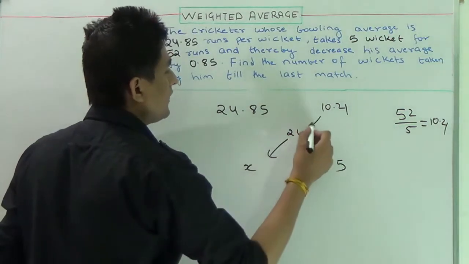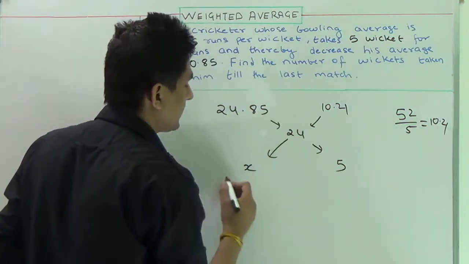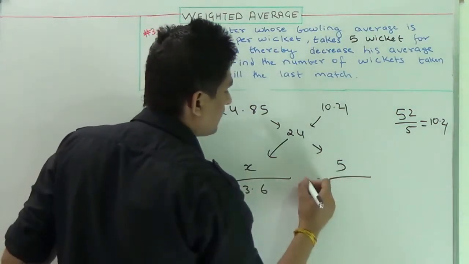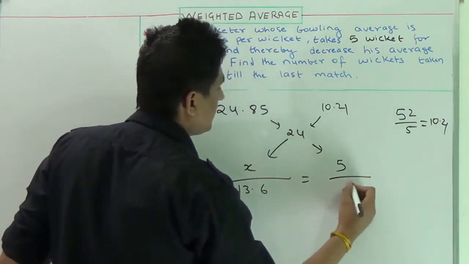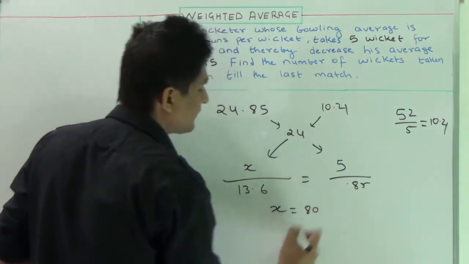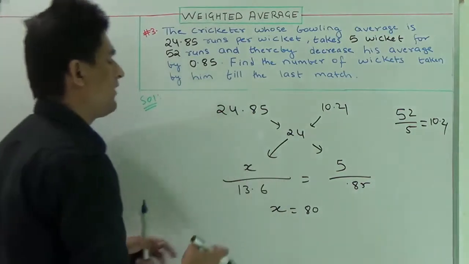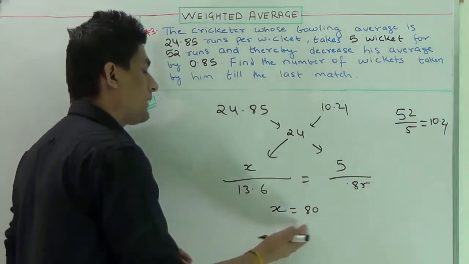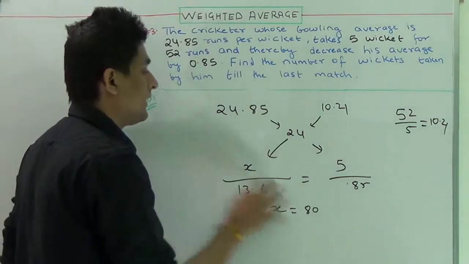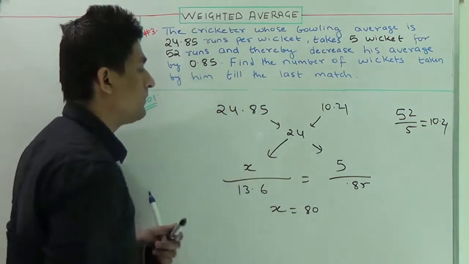I'll calculate the value of x. If I calculate it like this, it will be 13.6 and here it will be 0.85, and from here if I solve it, the value of x will come out to be 80. I'll just simply solve it out. I'll get the value of x to be 80. Hence I can say the cricketer has taken 80 wickets before the last match he played.